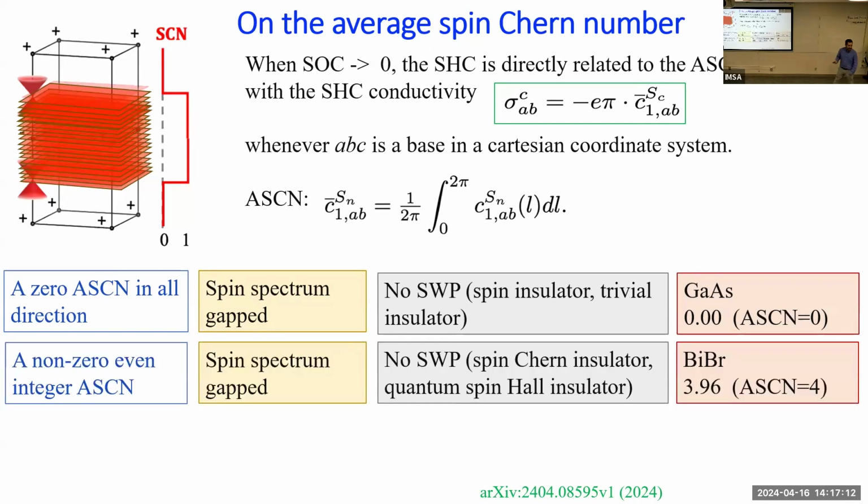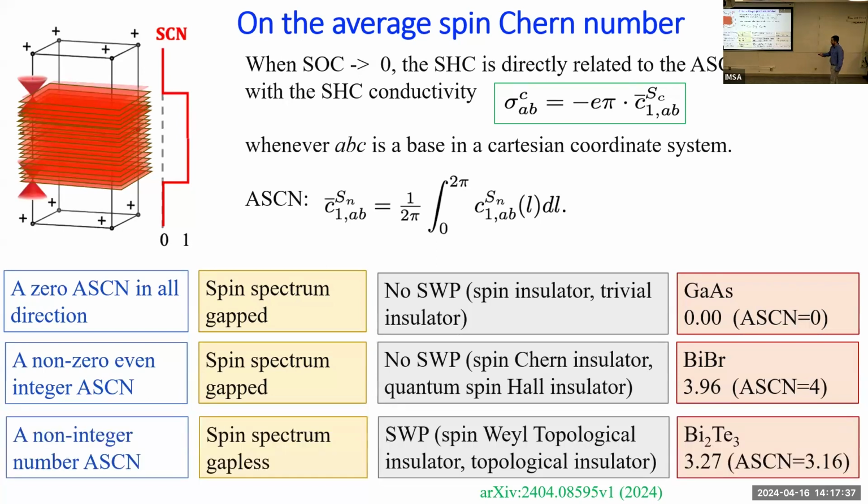And this is the case that you asked me about. This is the case of this bromide. It has a constant value of 4 for the full Brillouin zone, and the average spin Chern number is 4, and the spin Hall conductivity is 3.94. It's very close to the average spin Chern number.